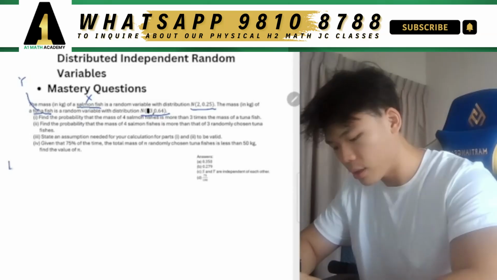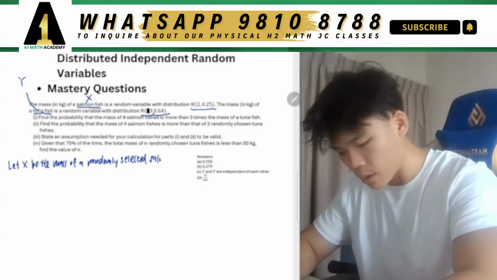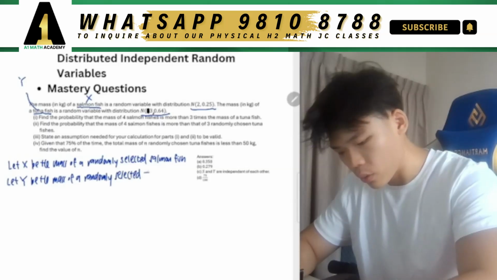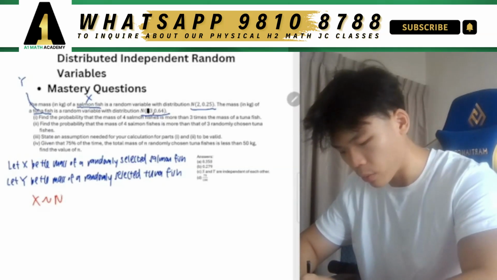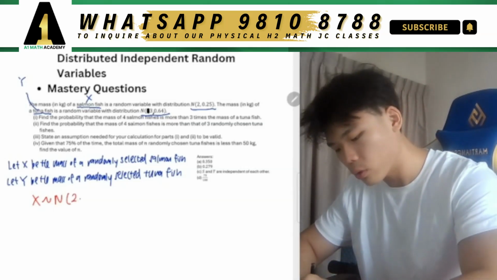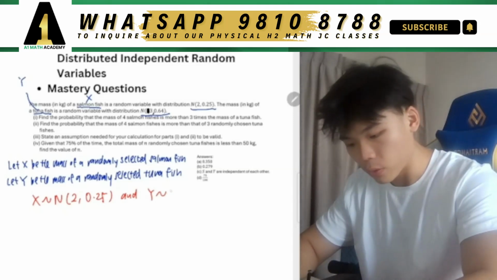So we'll let x be the mass of a randomly selected salmon fish. We will let y be the mass of a randomly selected tuna fish. It is given by the question that x follows a normal distribution of 2, 0.25, and y follows a normal distribution of 3, 0.64.